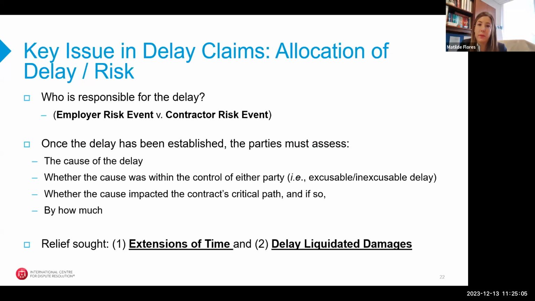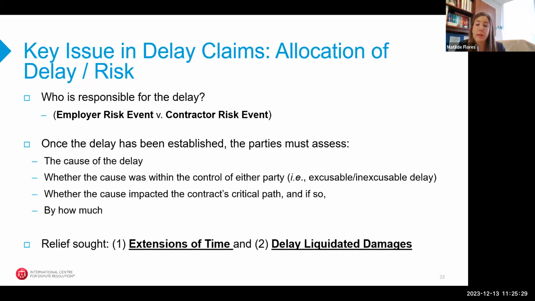Well, there are a couple of factors that must be assessed. One is the cause of the delay. So what caused the delay? Whether the cause was within the control of either party. This goes back to what Meera was talking about, excusable versus inexcusable delay. Whether the cause impacted the contract's critical path, and if so, by how much.